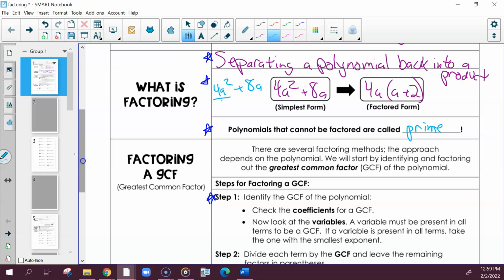If I were to divide both of these by 4, what would be left is something that can't be factored anymore. But these both also have an A value. So since they both have an A, that's something else I could divide out of both.